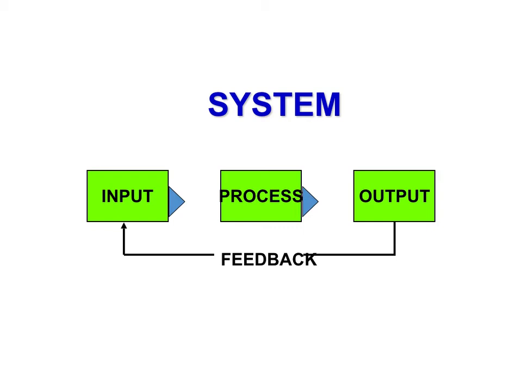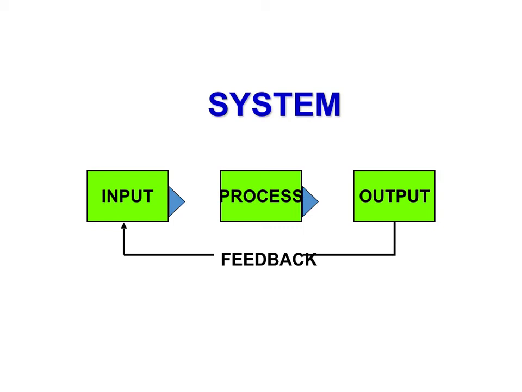Here, the input will be data about your business, data about your field, the education field, and so on. We need to process this input, like analyze the data or make some calculation to extract valuable information, and the output will be information, of course.